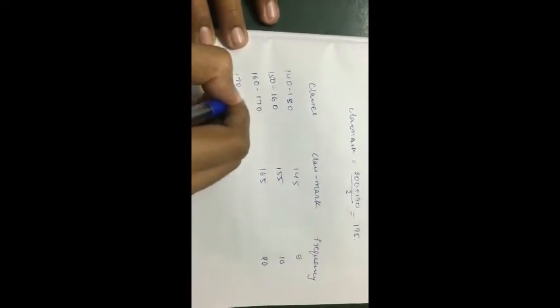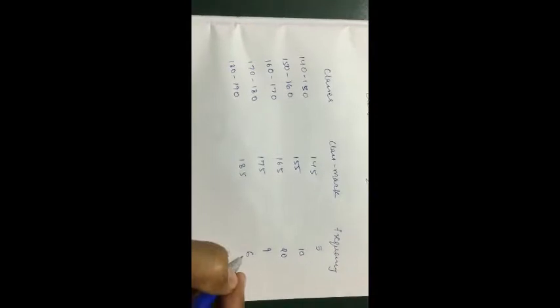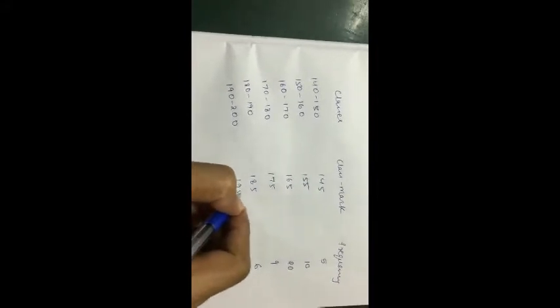For 170 to 180, the class mark is 175, and the frequency given is 9. Then for 180 to 190, the class mark is 185, the frequency is 6. And the last range is 190 to 200, the class mark is 195 and the frequency is 2. In total, the frequency is 52. You have to calculate that.